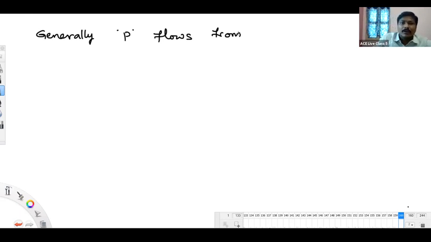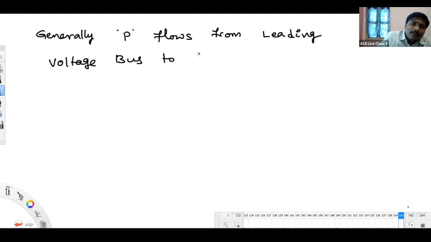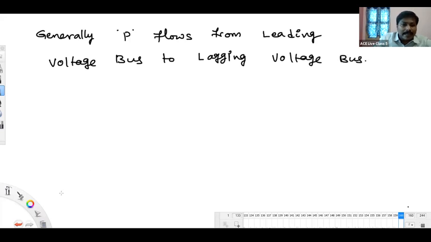So P flows from the leading voltage bus to the lagging voltage bus.